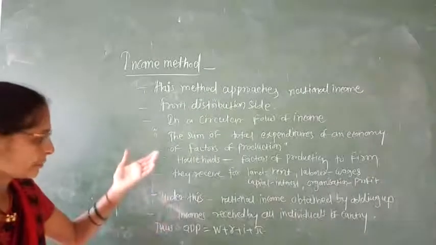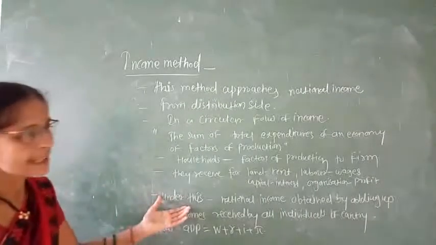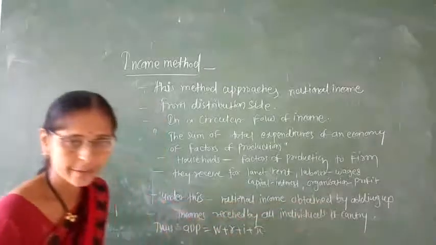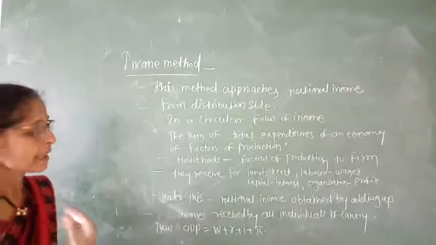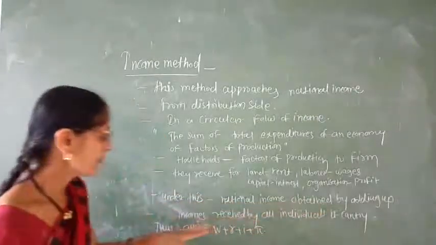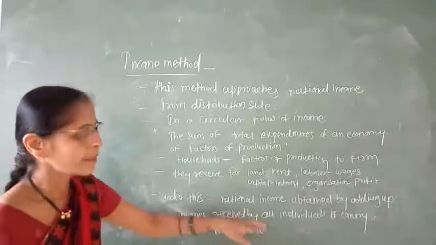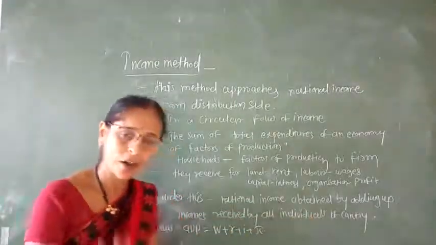See here, under the income method, the national income is obtained by adding up the incomes which are received by all individuals of the country.